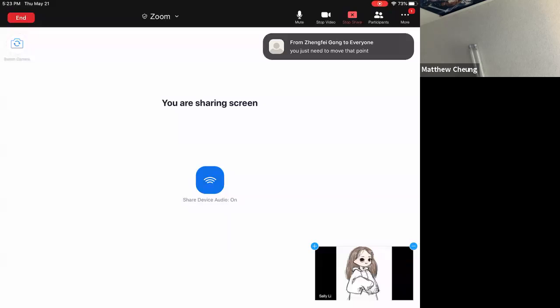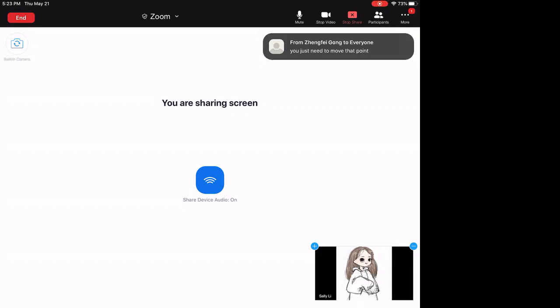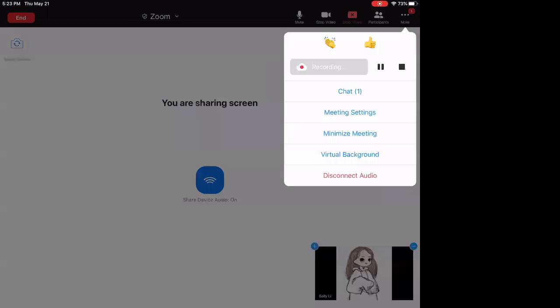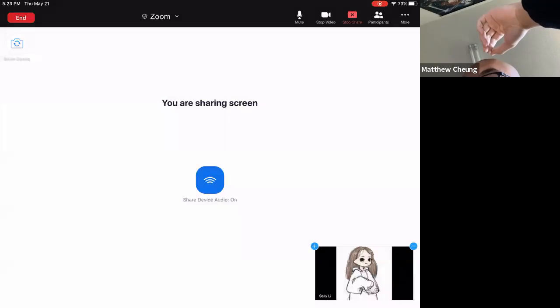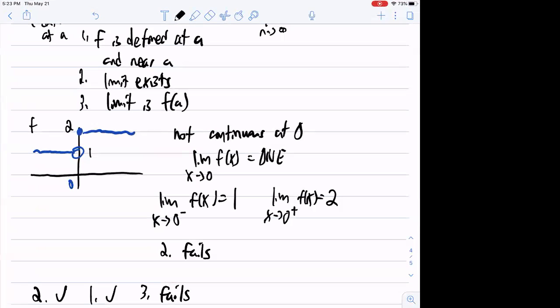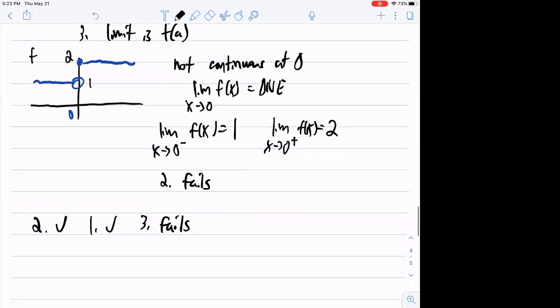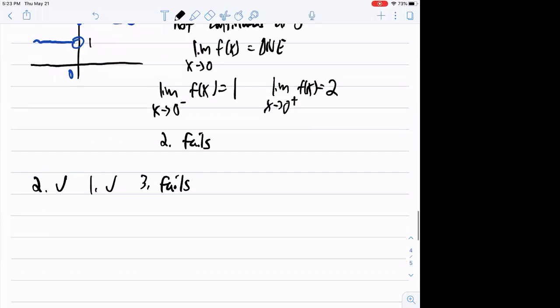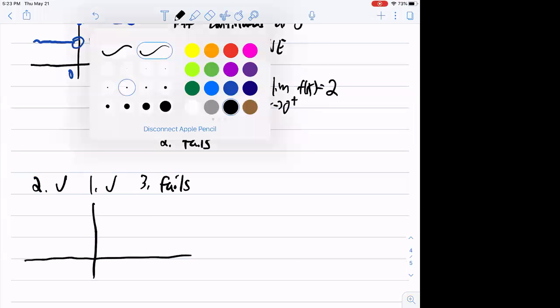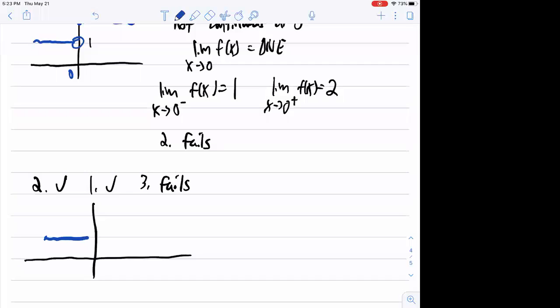Just think of, yeah, pretty much, right? Maybe not move the point. You need to move more than the point, because here I need the limit from left and right to be the same, right? So what you want to do is something like this. And then here's your point.